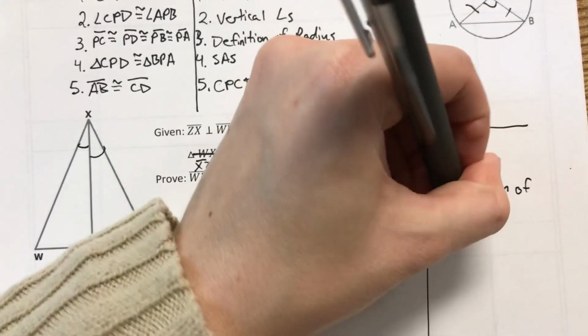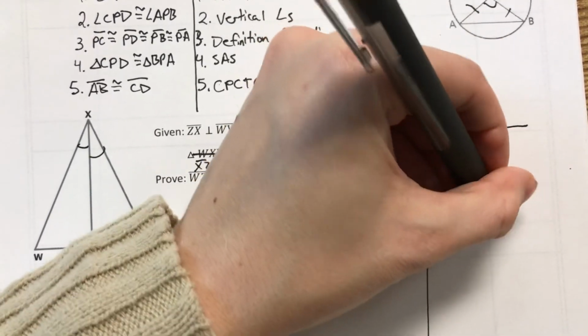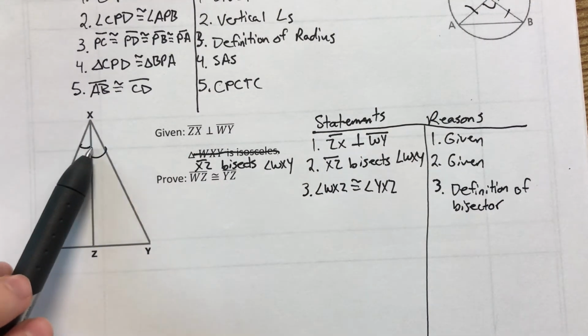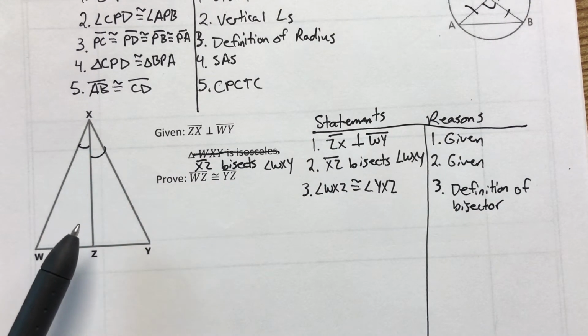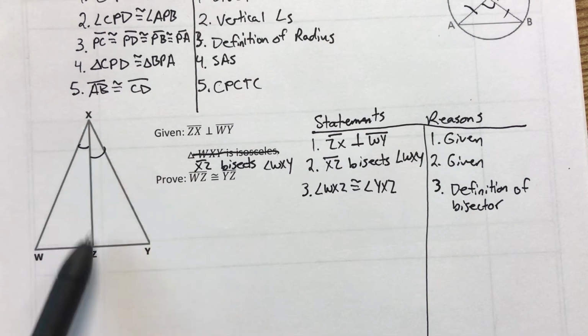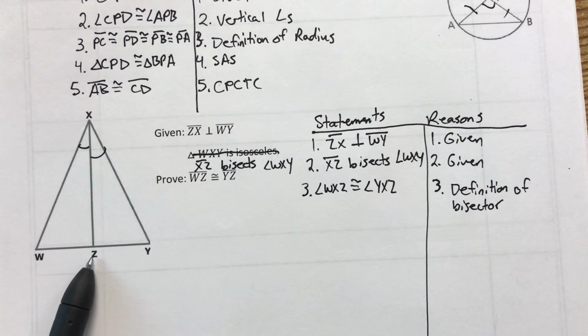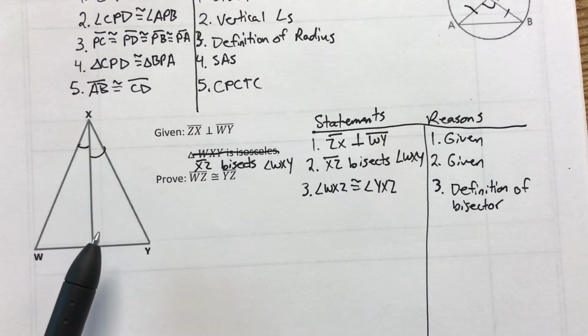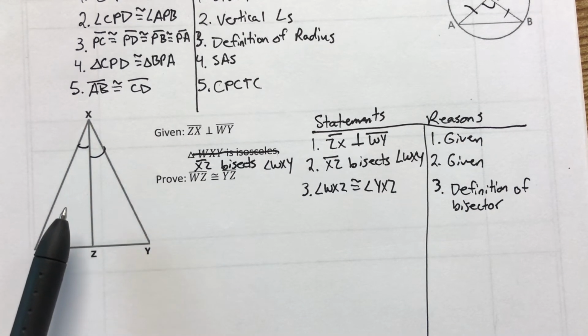Now it's important to note that just because it bisects the angle, it doesn't automatically mean it bisects this side. So the angle is cut in half, but maybe this side is not. So we can't say that these two pieces are congruent because we don't necessarily know that. We only know that the angle was bisected.